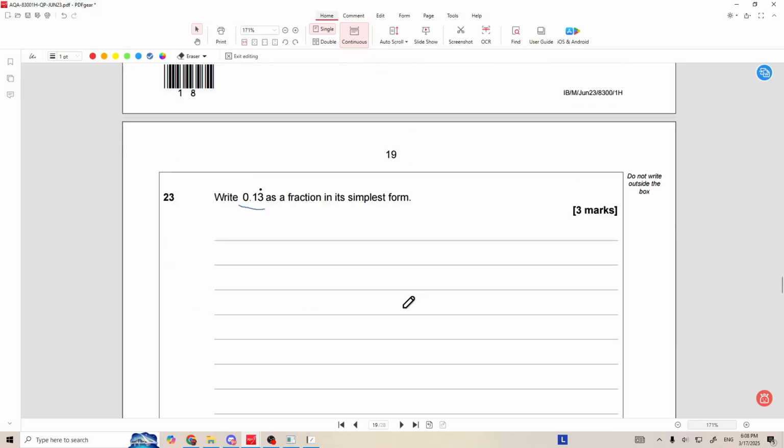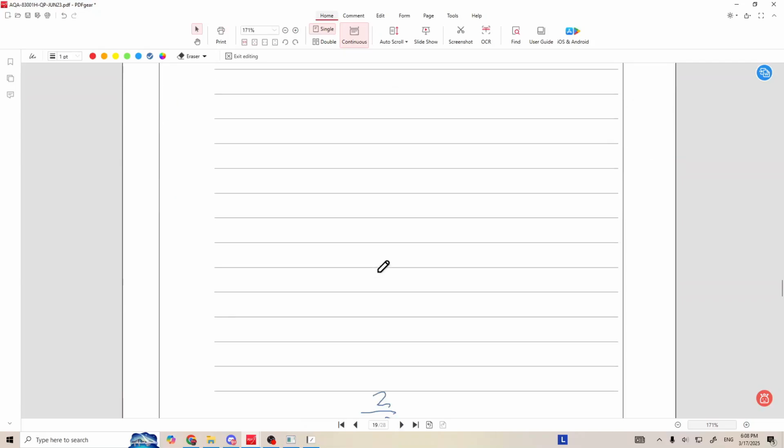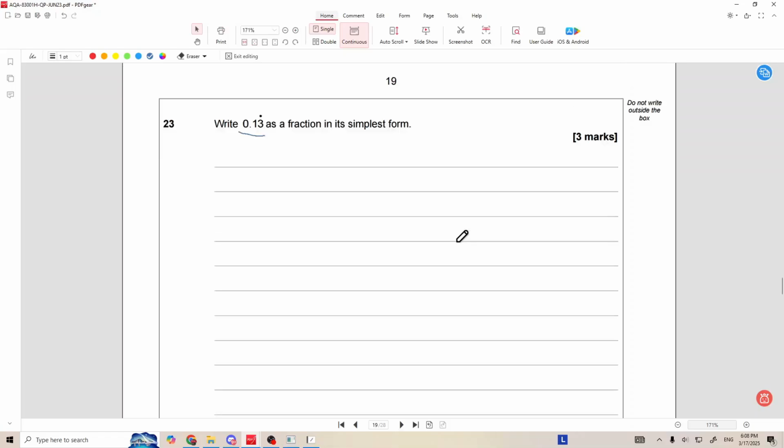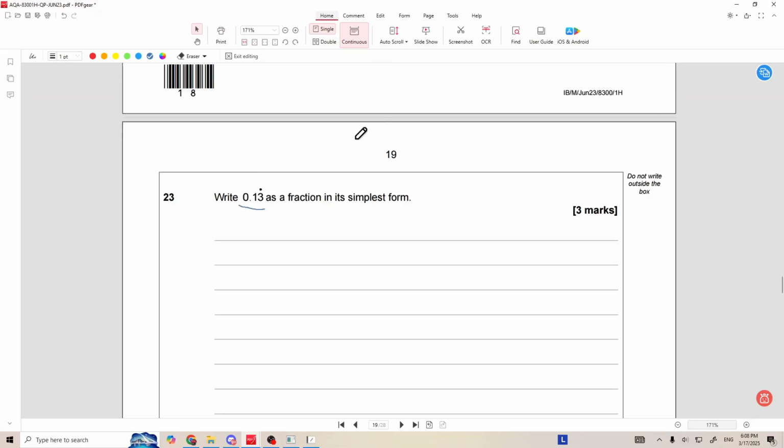Okay, now back to 23 where I know the answer but I don't know how to get a working to it. How do I do this? They just said write as a fraction in its simplest form. They never actually said to work it out.